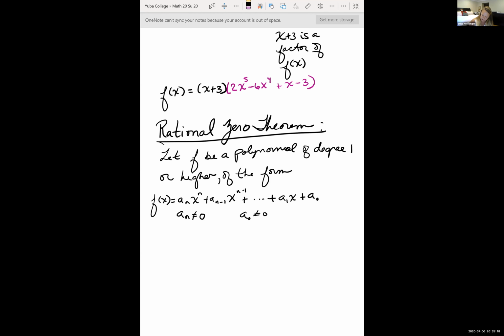This is what I was looking for. So we have to say that these coefficients are integers. Each coefficient is an integer.